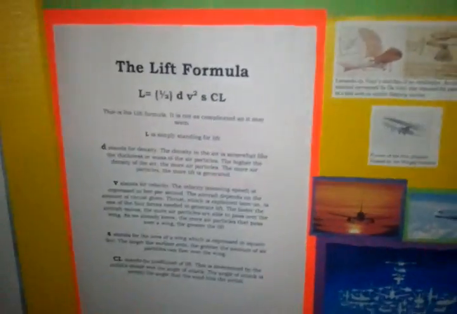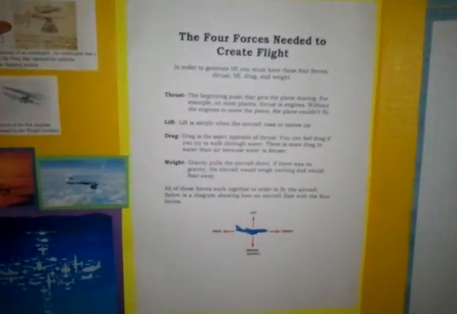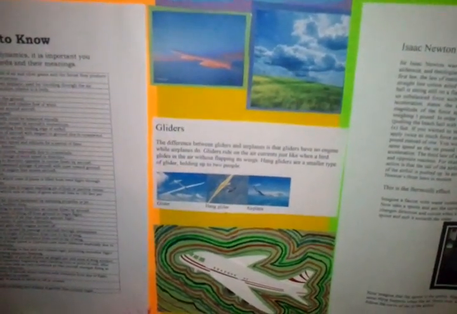And right here I explain about the lift formula, words to know, the 4 forces needed to create lift to flight, and Isaac Newton, and the Bernoulli effect down there. In the middle I have some visuals, and I talk about Da Vinci's flying machine and the Wright brothers.